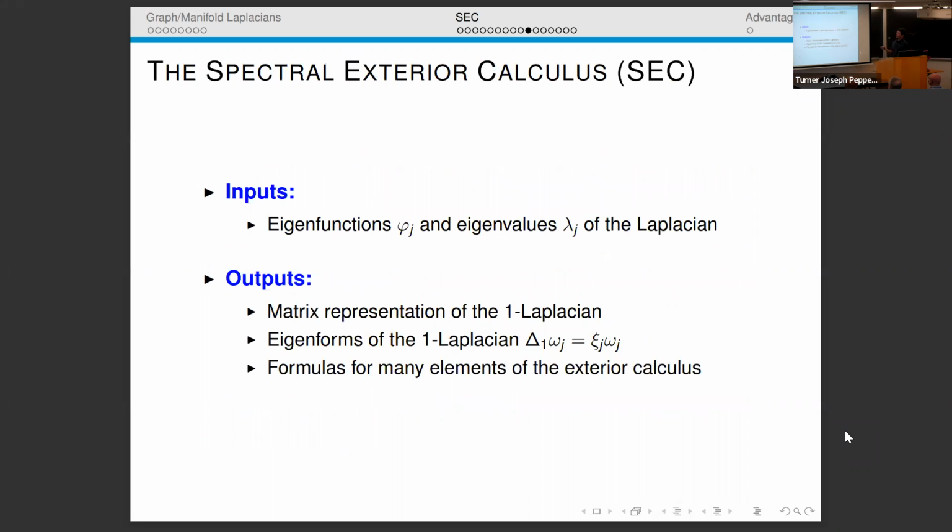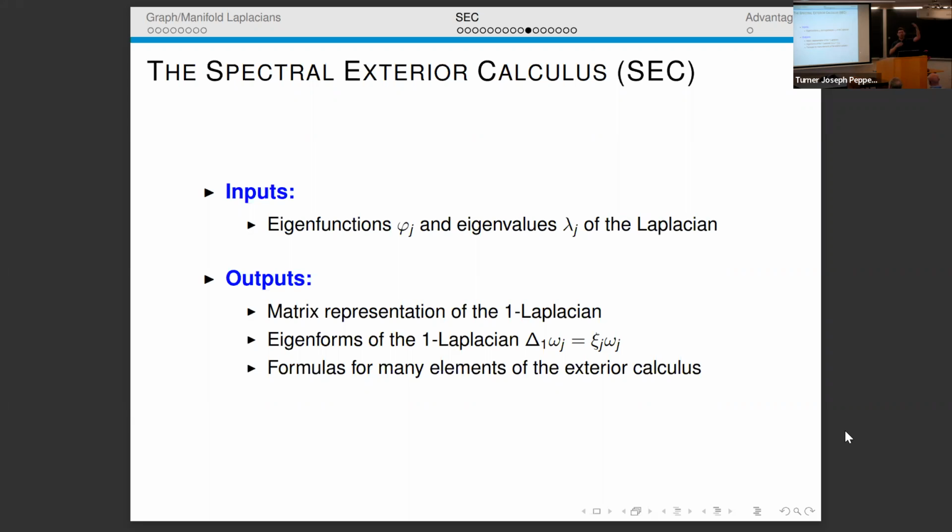All right, so this is where the spectral exterior calculus takes off. We say we're going to try to write everything using eigenfunctions, and in fact, pretty quickly we can dismiss the eigenfunctions and just replace them with structure constants and eigenvalues of the Laplacian. And from this, our first accomplishment was basically to get the matrix representation of the Hodge Laplacian on one-forms. So there's a Laplacian on functions, which we call the zero Laplacian.